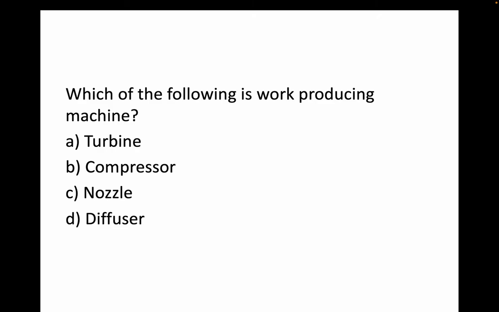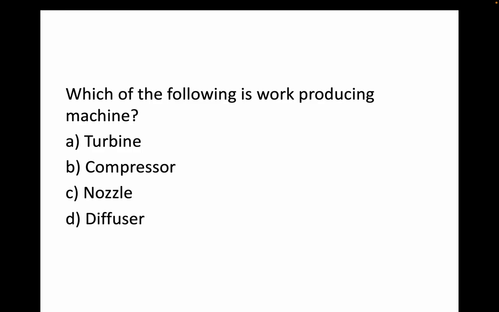The next question is, which of the following is a work producing machine? As discussed earlier, in an aircraft engine, a compressor is used to compress the air, that is, decrease its kinetic energy and increase its pressure energy. But how do we even run the compressor in the first place? That needs to be run through the energy that comes from the turbine.